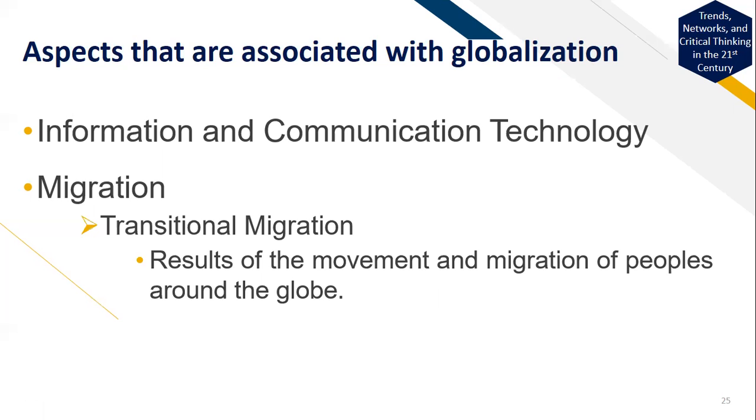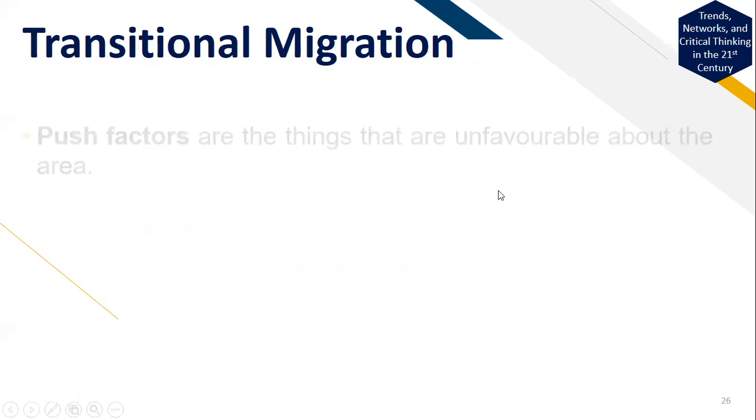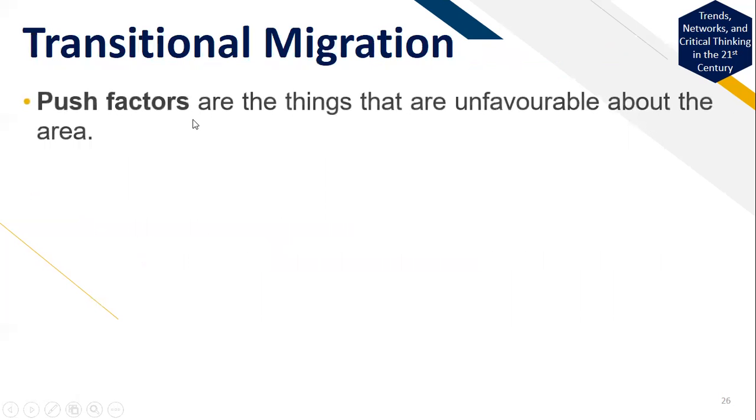Under transitional migration, we have what we call push and pull factors. So, ano yung push factor? These are the factors that are unfavorable about the area. Ano-ano yun?